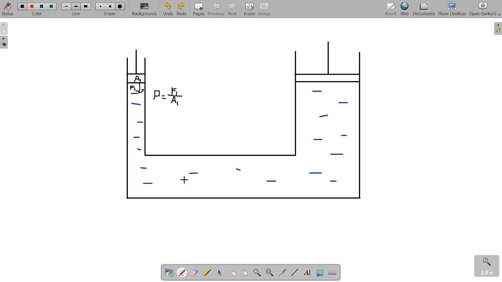Note that the pressure throughout the water must remain the same, because this is a liquid and liquids cannot be compressed. So here the area is A2.